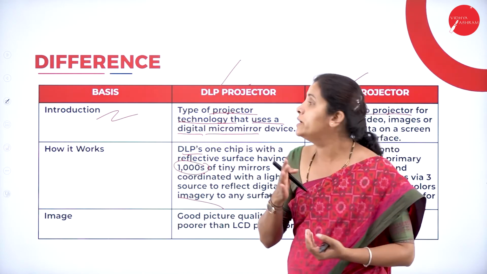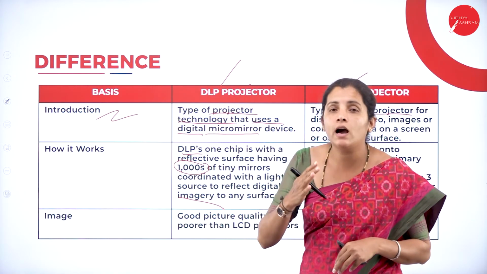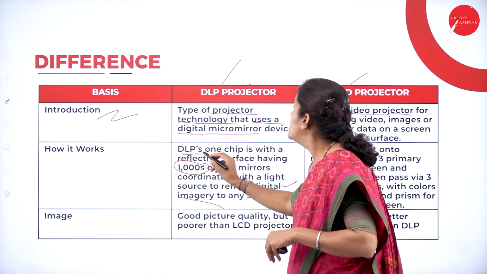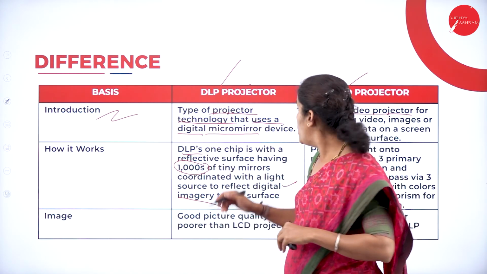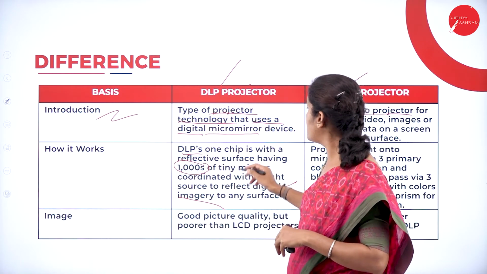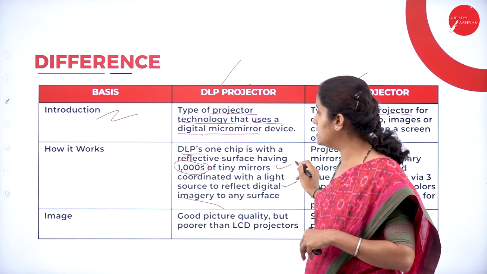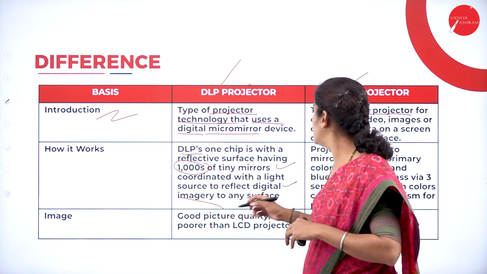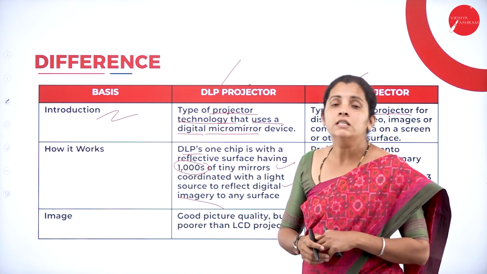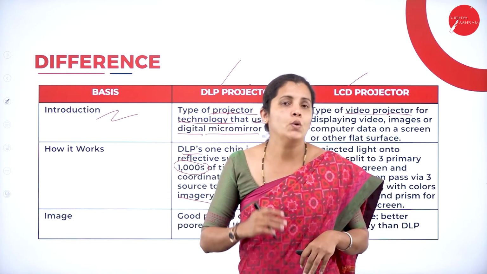That means we know that DLP consists of 1 or 3 chips. So in DLP, one chip with a reflective surface having thousands of tiny mirrors coordinated with a light source to reflect digital imagery to any surface.